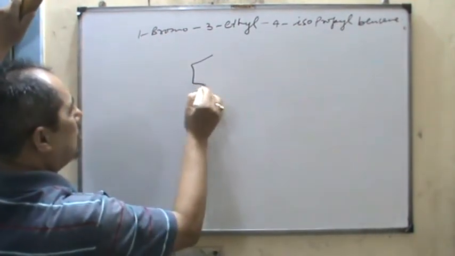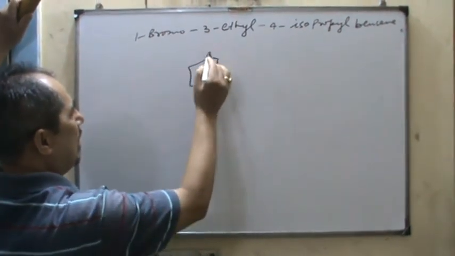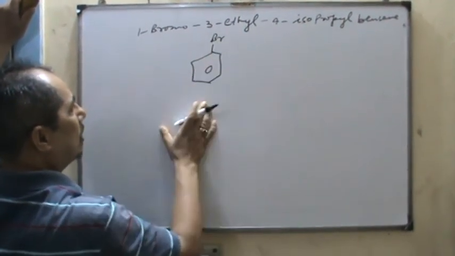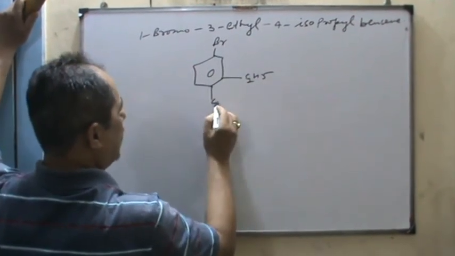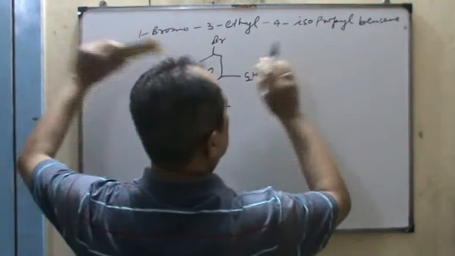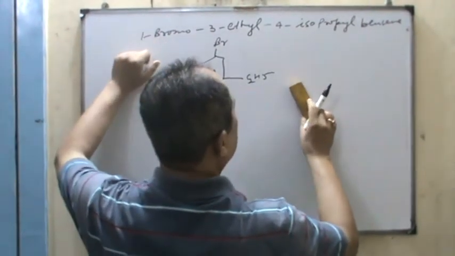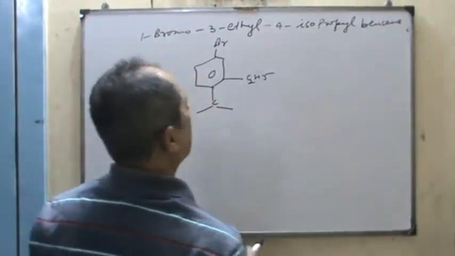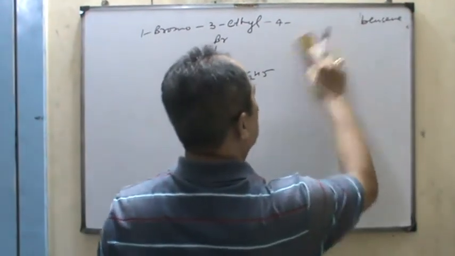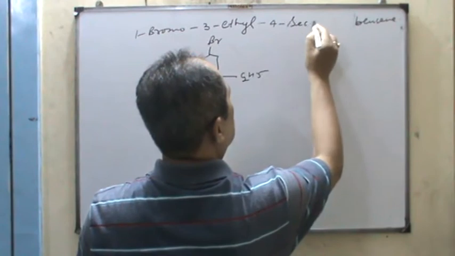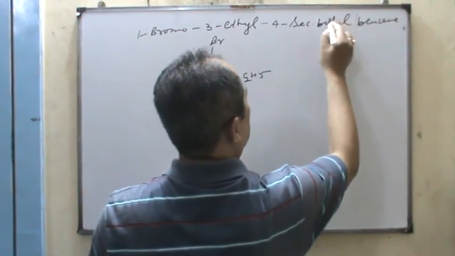So first you draw the benzene. 1-bromo is alright, 3-ethyl is C2H5, and then the isopropyl. Or you can say 4-secondary butyl. If I change it to secondary butyl, 4-secondary butyl.